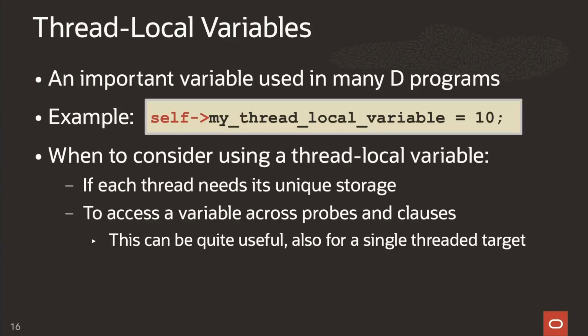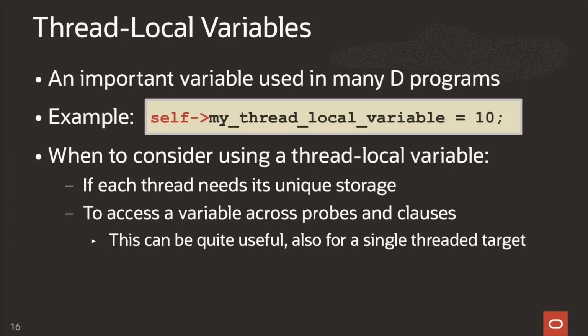When do you consider using a thread local variable? Well, if a thread needs its own unique storage, and a simple example is the following. You've just heard about the timestamp variable. Let's say you want to time how long the threads take to do a certain task. That means that each thread will have its own local copy of the timer, because presumably that's different for different threads. And a thread local variable is a very natural way to do that.